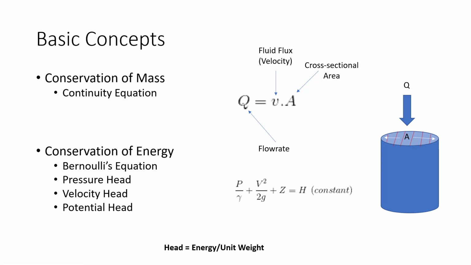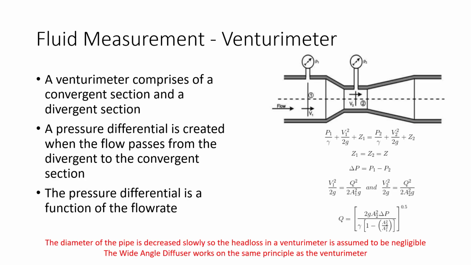We'll make use of Bernoulli's equation, which is a conservation of energy, as well as the continuity equation, which is a conservation of mass, to look at ways in which we can do these flow measurements in line. The first device that we are going to look at is what's known as a Venturimeter. A Venturimeter typically is a modification within your pipe where you have a convergent section and then a divergent section.